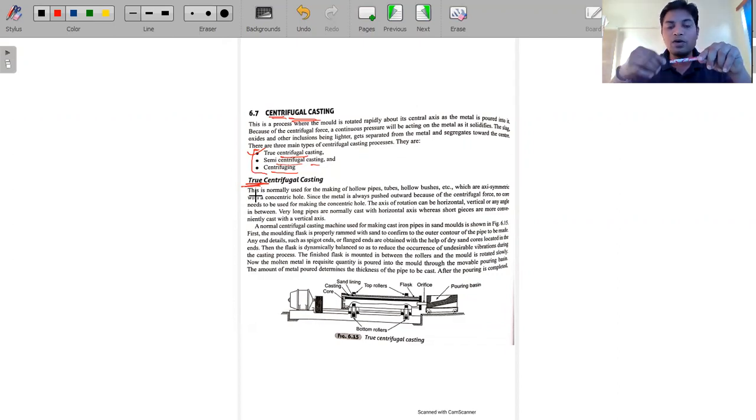So what will happen is that whatever high density particles are there, when you rotate it, they should move towards the outside boundary, and whatever low density particles are there will be towards the center. If you see the final product, there is a specific thickness.